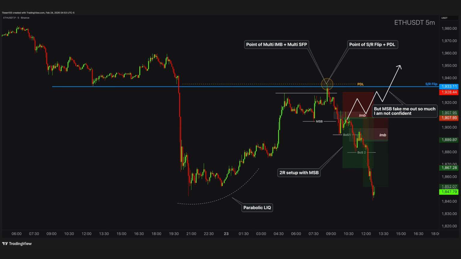And the first sign of a more dominant trend is seeing a second break of structure after the initial MSB, the market structure break. So sometimes it is actually smarter to skip the first trade and join the trend later with additional structure breaks like in this example, which are usually much stronger and more reliable.